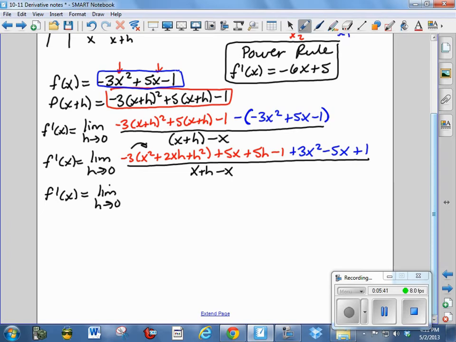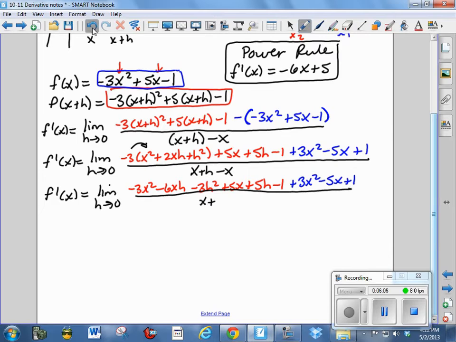So I have negative 3x squared minus 6xh minus 3h squared plus 5x plus 5h minus 1 plus 3x squared minus 5x plus 1 all over the quantity x plus h minus x. That's really sloppy. I'm going to get rid of that black line that I just drew and draw it a little straighter. There we go.